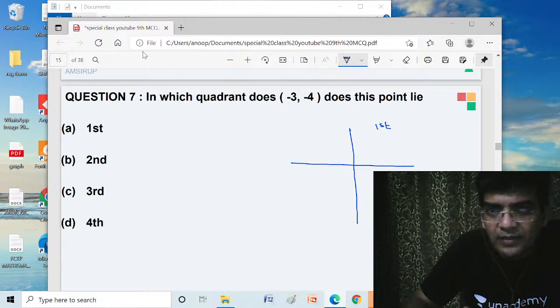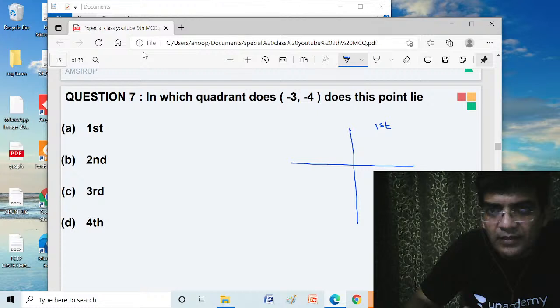Now this first quadrant, this portion, is made of x positive. Here x is negative, here y is positive, and here y is negative. The first quadrant is made up of x positive and y positive, both positive.